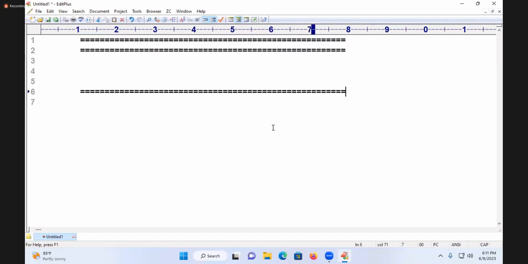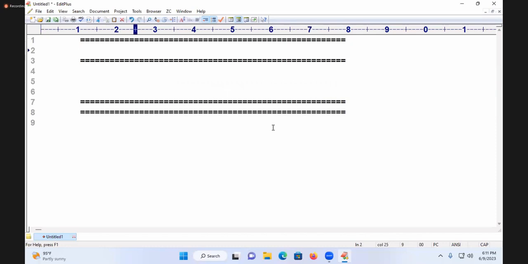Two important things here, students. One is matrix operations, or we can also call it arithmetic operations on ND array.